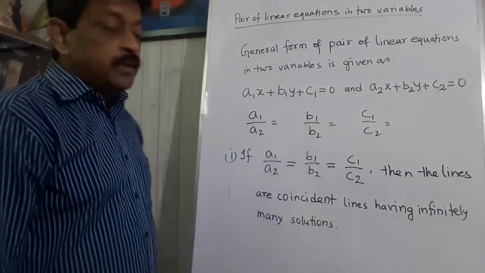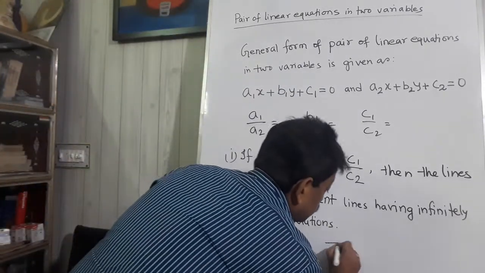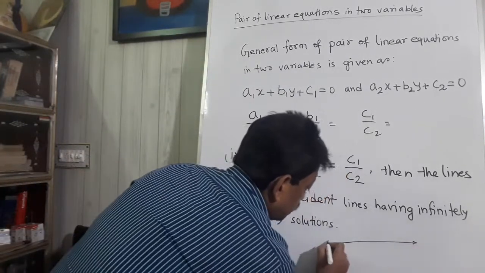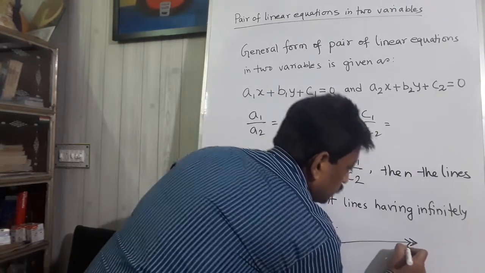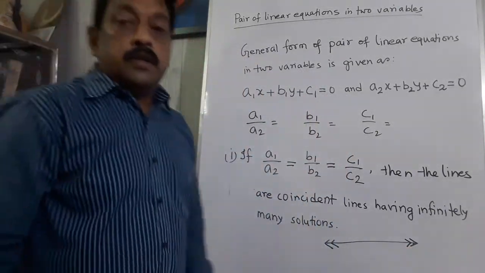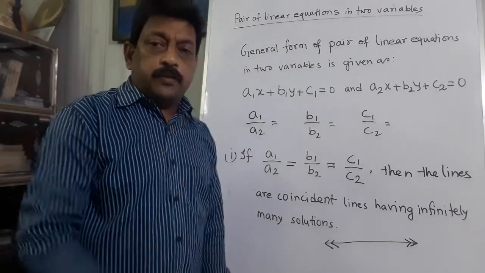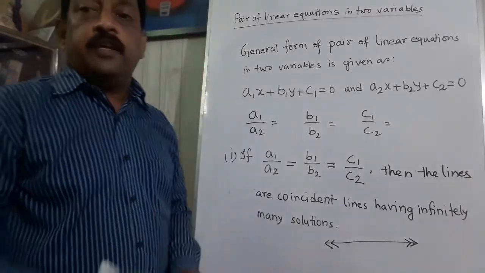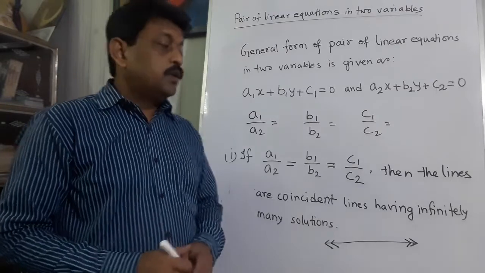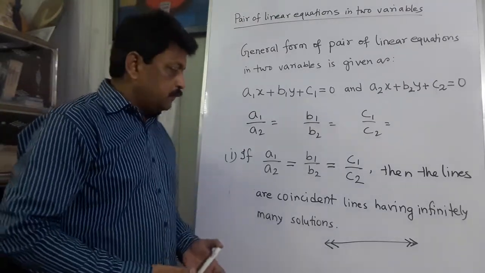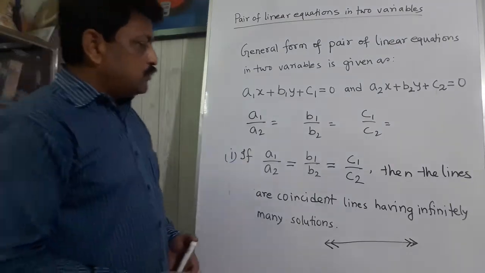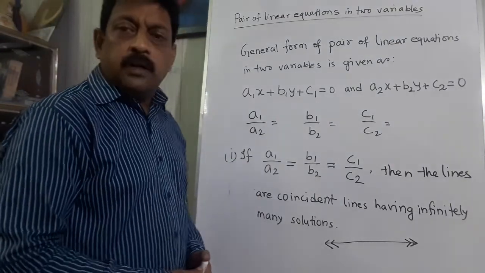It will have many solutions because both the lines are coincident lines. They are lying upon one another. They are touching each other at infinite points. So they have infinite points in common, and therefore they have infinite solutions. Understood? So here also we don't have to plot it on the graph paper.